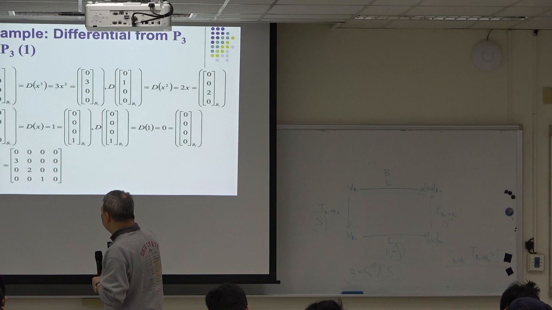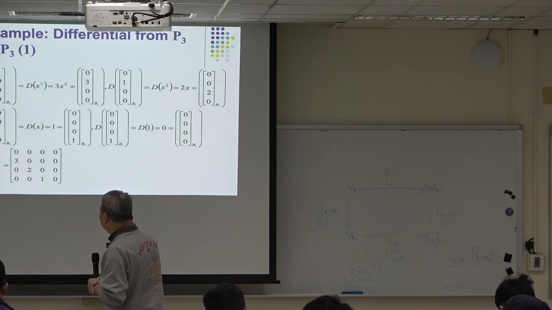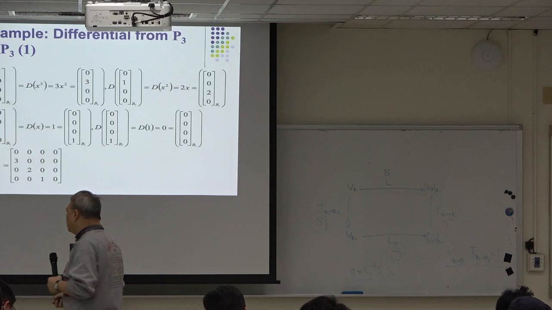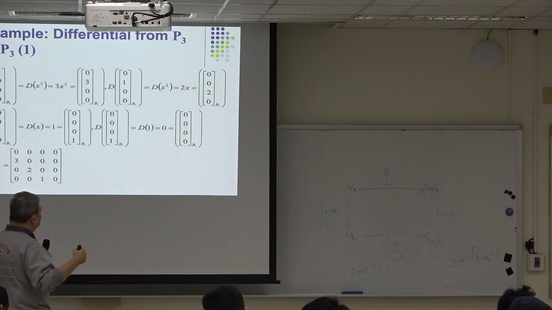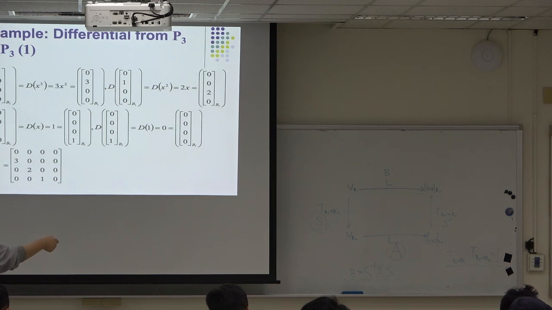If you represent this by the standard basis, it's going to be 0 3 0 0. And then the next one, x squared. You do a differentiation, you get 2x, so it's 0 0 2 0. The single x, if you do a differentiation, is 1, so it's 0 0 0 1.